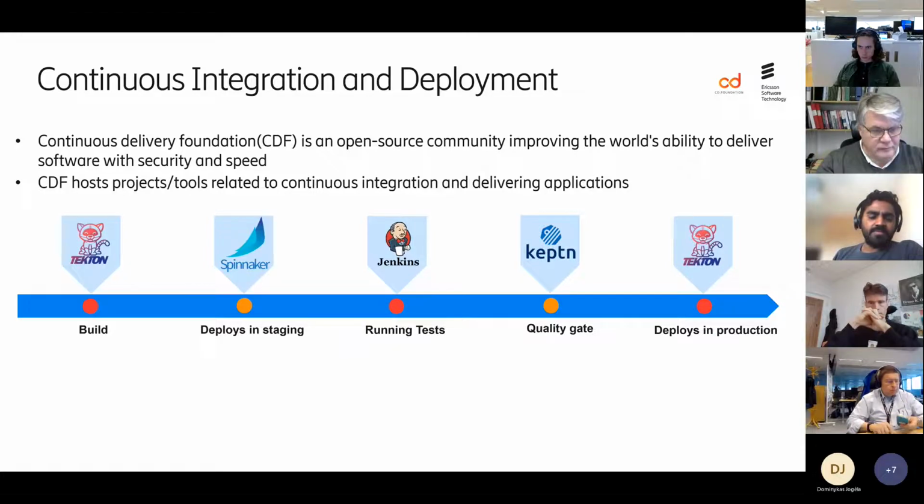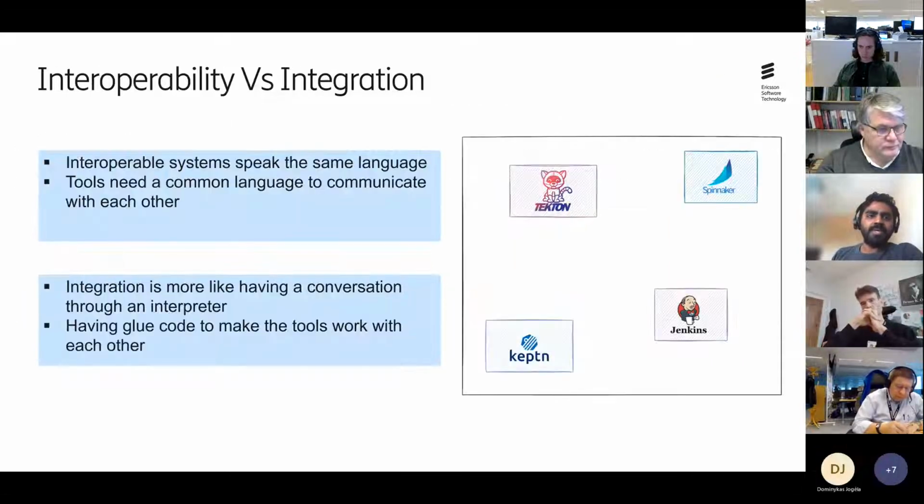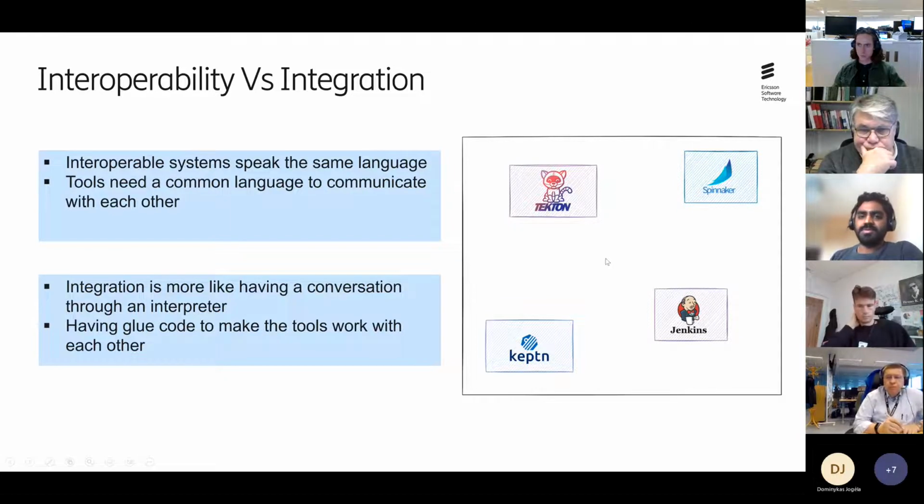At this stage, we wanted to see how these tools will communicate with each other, right? That's the crucial part here. We have two options for Tekton, Spinnaker, Jenkins, and Keptn. We can use interoperability, which means each tool speaks the same language so that they can understand each other.